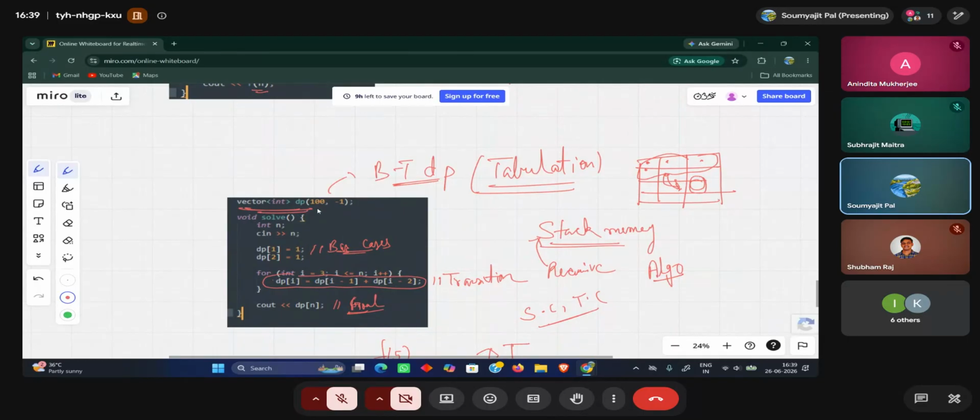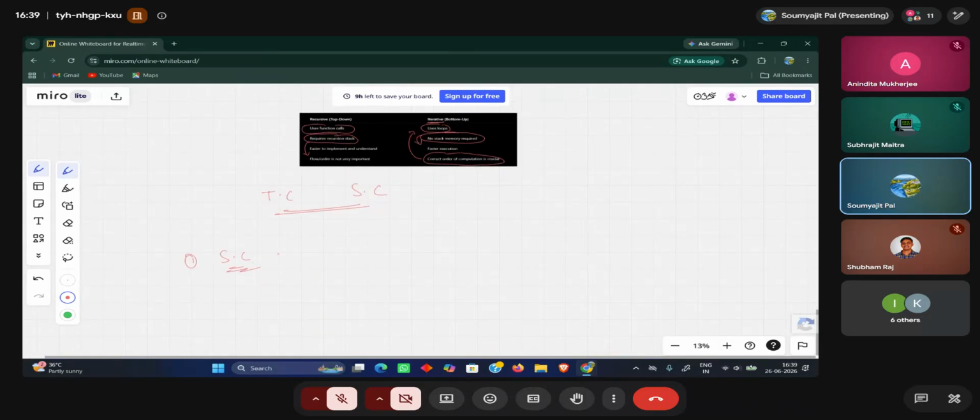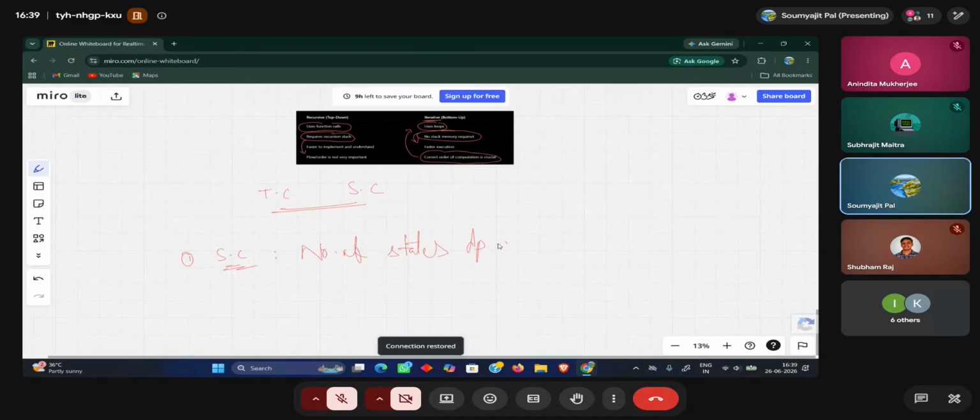So this alone is using my space. Space complexity is nothing but my number of states that the DP array has. In this case, for the Fibonacci number, the space complexity is O of number of states, and that is O of n.